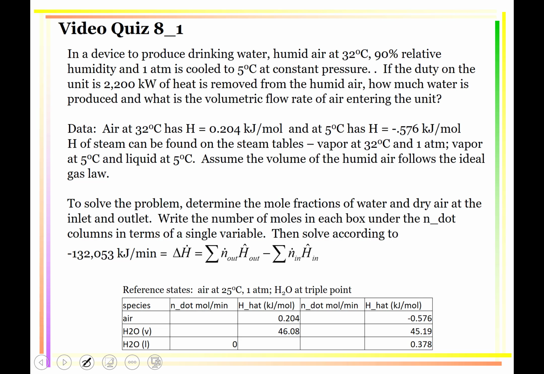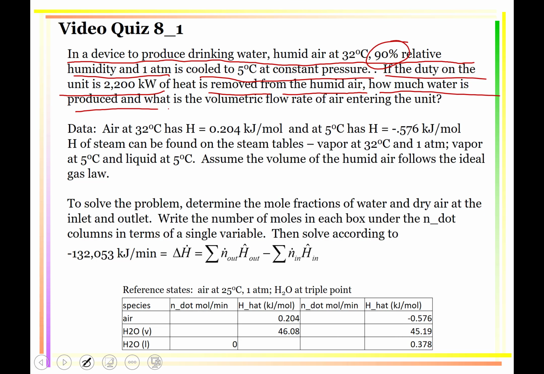In a device to produce drinking water, humid air at 32 degrees C, 90% relative humidity, and 1 atmosphere is cooled to 5 degrees C at constant pressure. If the duty on the unit is 2200 kilowatts of heat removed from the humid air, how much water is produced, and what is the volumetric flow rate of air entering the unit?